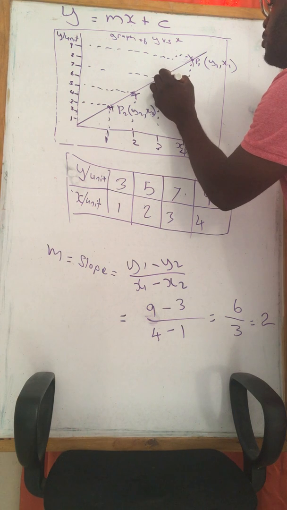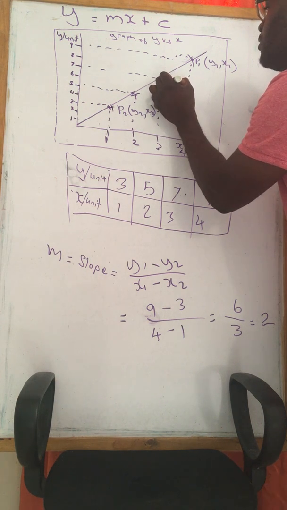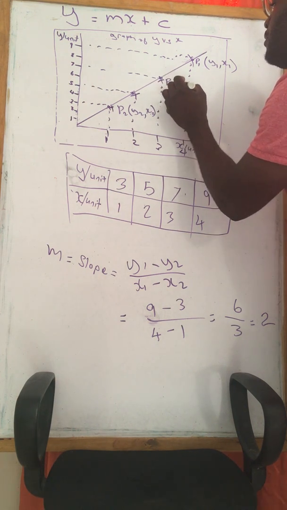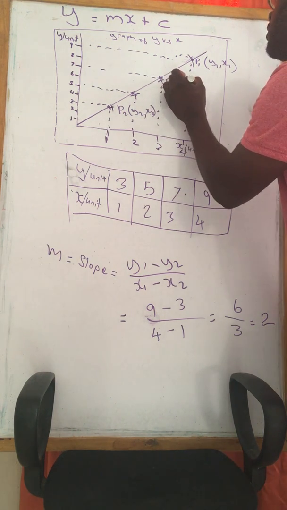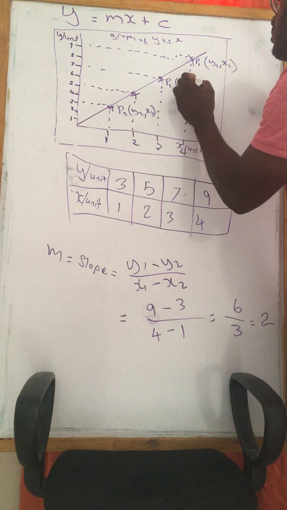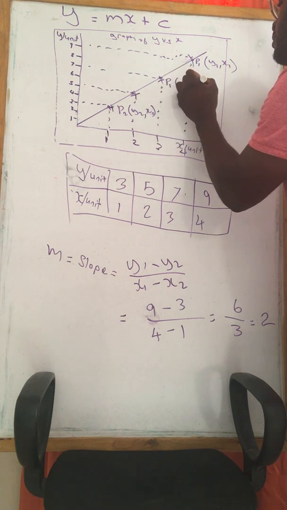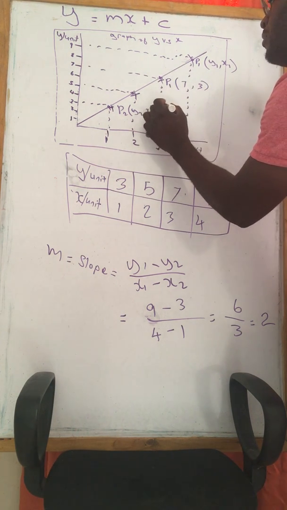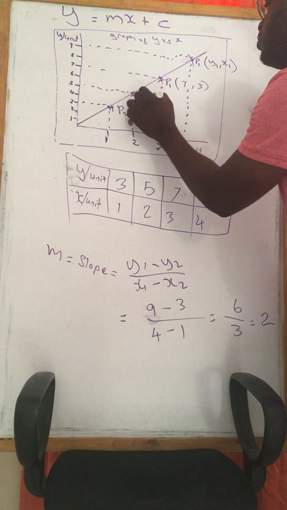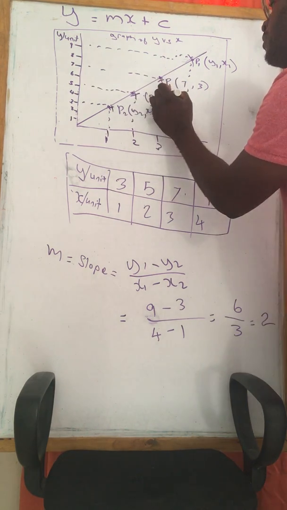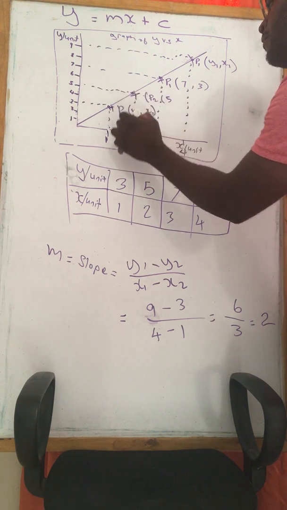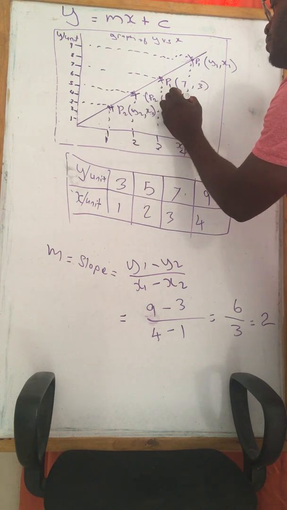So then this now would be my P1, and the coordinate would be 7 and 3, and call this one here P2, and the coordinate here would be 5 and 2.